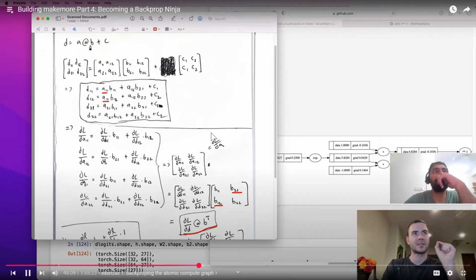Now we also want the derivative with respect to B and C. With respect to B, it will be dL by dD matrix multiplication A transpose. And with respect to C, this will become 0, this will be 1.